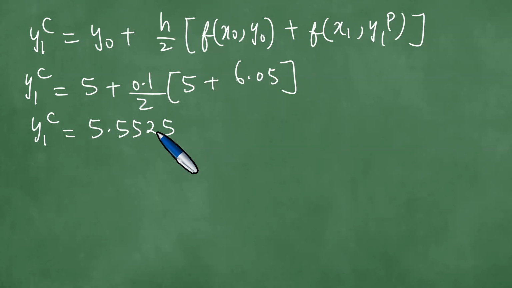So we get that one. As I said, I'm just cross-checking if that is the correct answer. As far as h is 0.1, you divide it by 2, and then you have 5 plus 6.05, and you close. And it's exactly that.